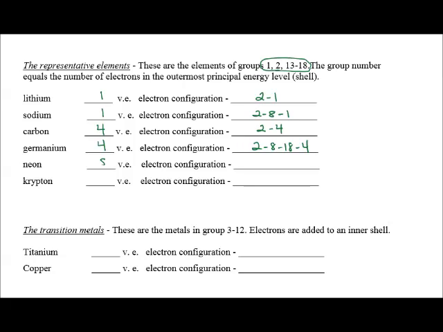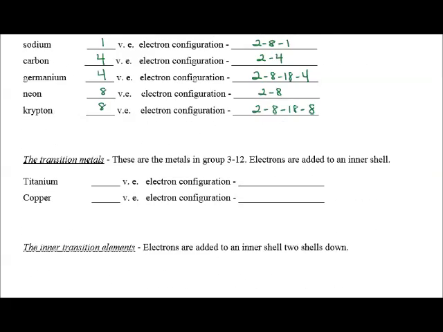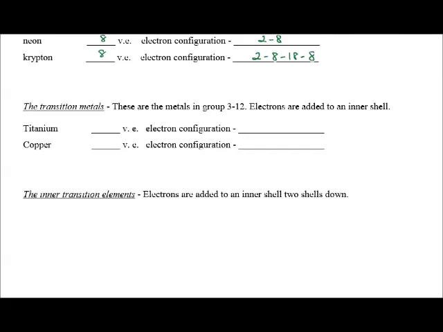Neon is in group 18. Krypton is in group 18. So we should see they each have 8 valence electrons, although their kernel looks different. The transition metals are group 3 through 12. These are the lower part of the periodic table.